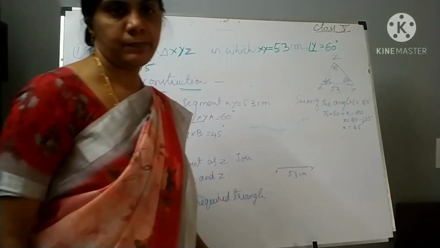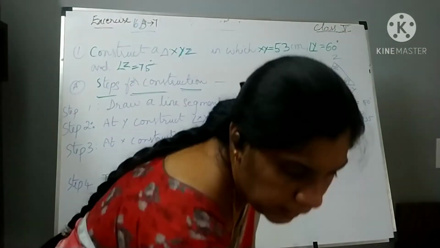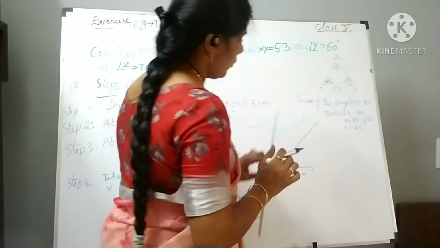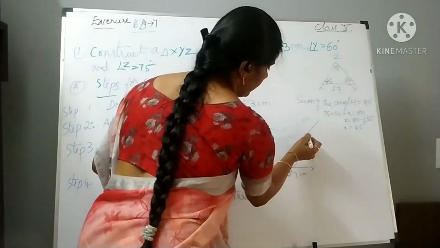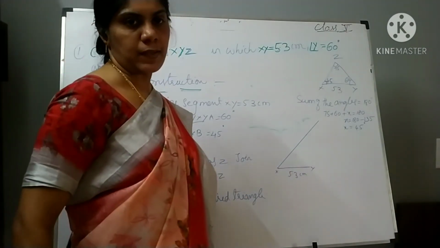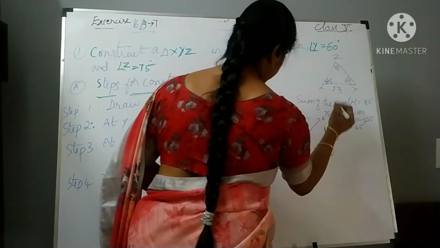One point there. Okay. Now with the scale, join X and that point. Like that you have to extend this line. Now see, I am naming it as A.